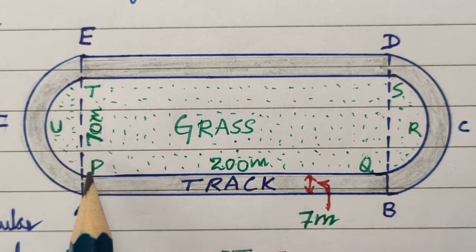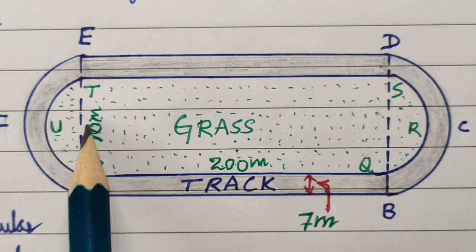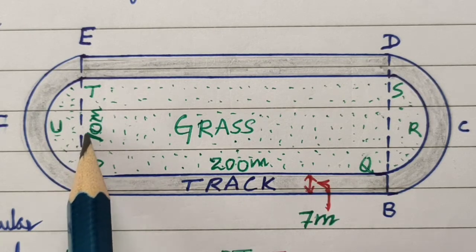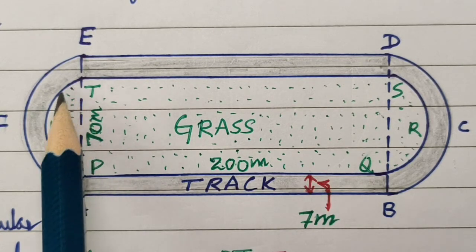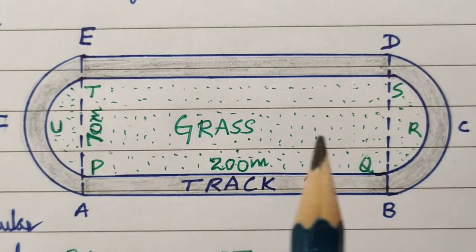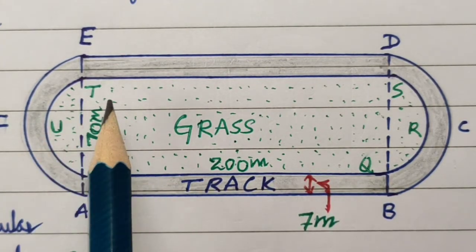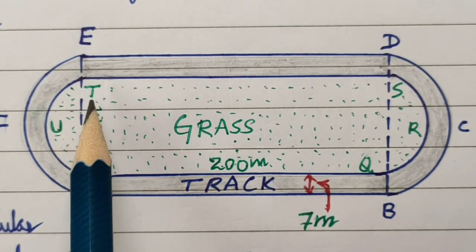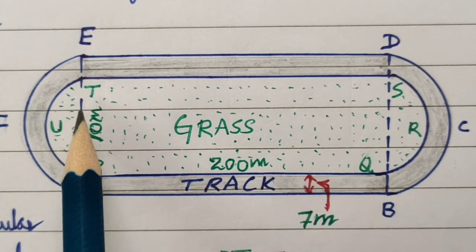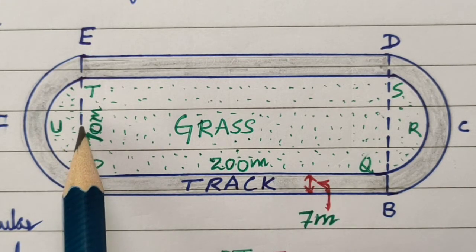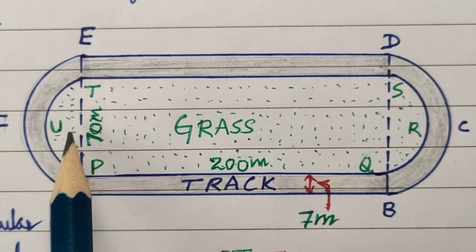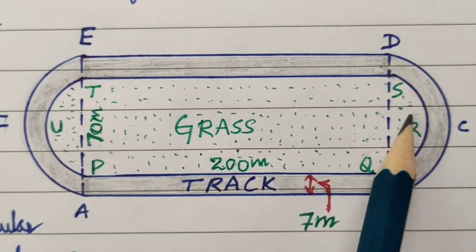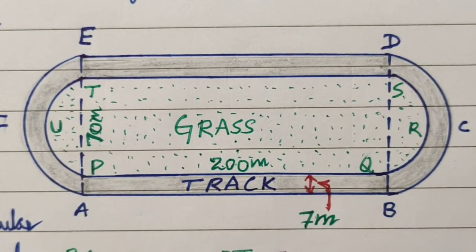PT is the diameter of the semicircle, and half of that gives the radius. 70 is the diameter, 70 by 2, that is 35 meters, is the radius of the semicircle. The area of a semicircle is half of pi r square, since pi r square is the area of the circle. With r equal to 35, when you multiply that by 2, we get the areas of these two. The area of this plus the area of this will give the area of the grass enclosure.